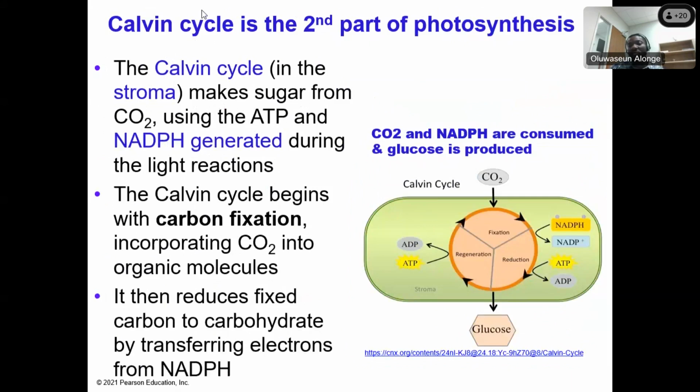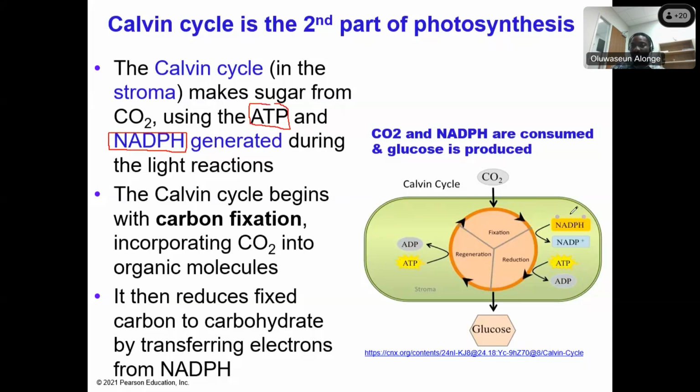So the way to think about it is that the product of the light reaction is what powers this light-independent reaction. Does that make sense? These are the product of the light reaction. The light-dependent reaction will give rise to ATP. It will give rise to NADPH. And those two are the ones that will power the reaction, which will lead to the production of the sugar.